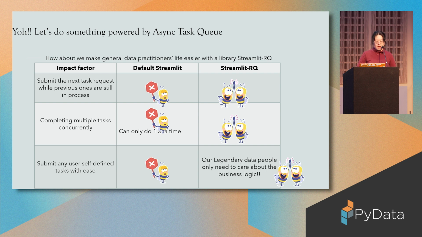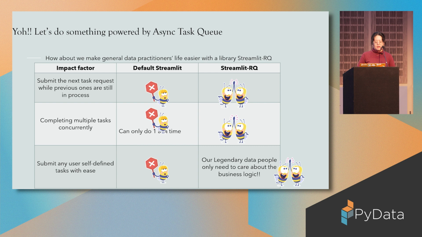Firstly, you can submit your task request through the UI while previously submitted tasks are still in process. So you don't have to sit there and waste your life, because our data people's time is precious. With Streamlit RQ, you can do that. And also, multiple submitted tasks can be completed concurrently at the same time.